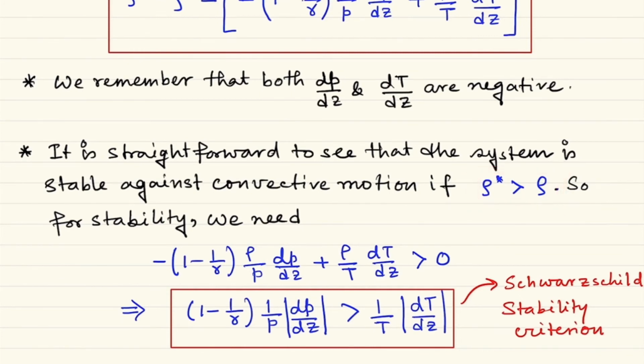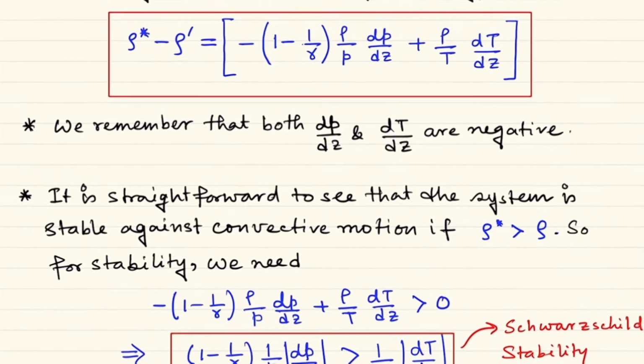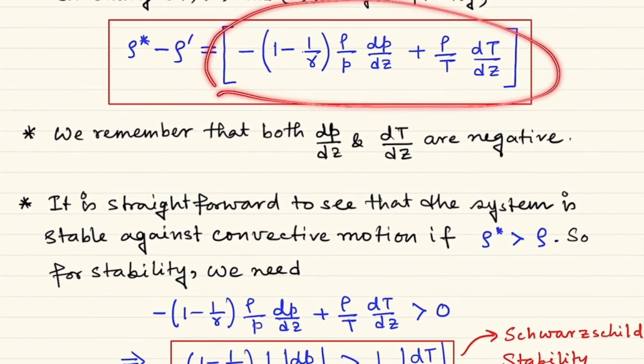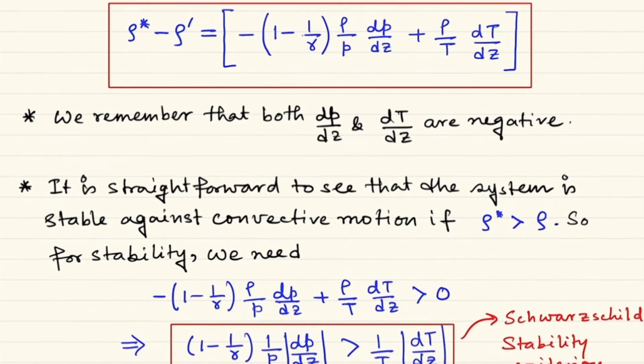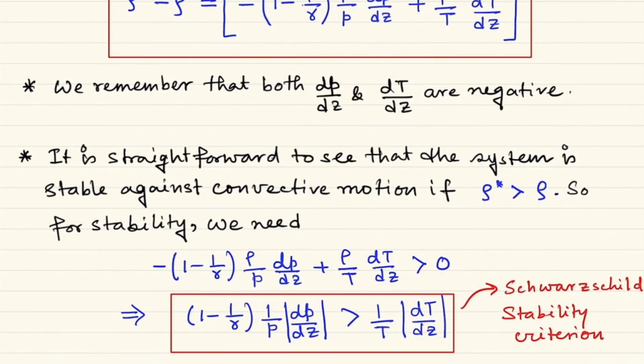So for stability, we need the whole thing to be greater than 0. Now, since dp/dz and dT/dz are negative, the modulus of this thing should be greater than the modulus of that thing.